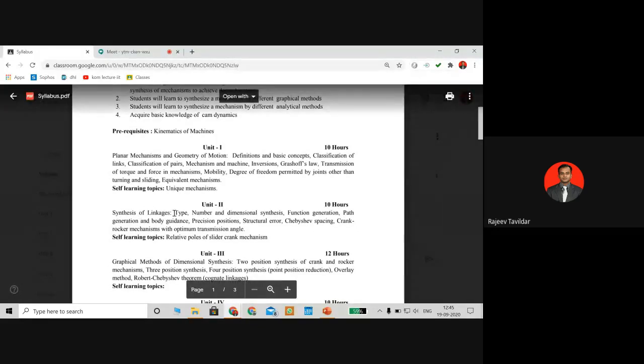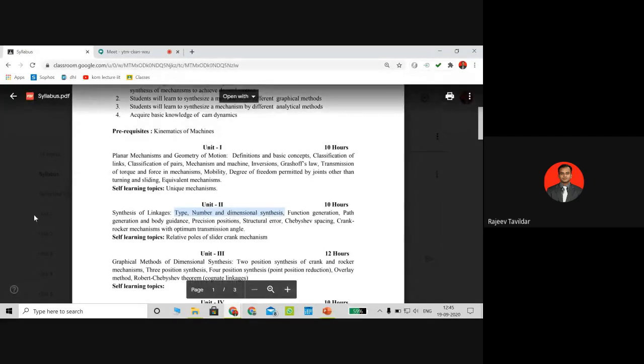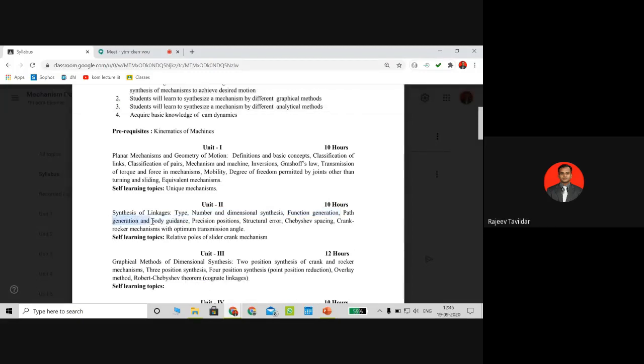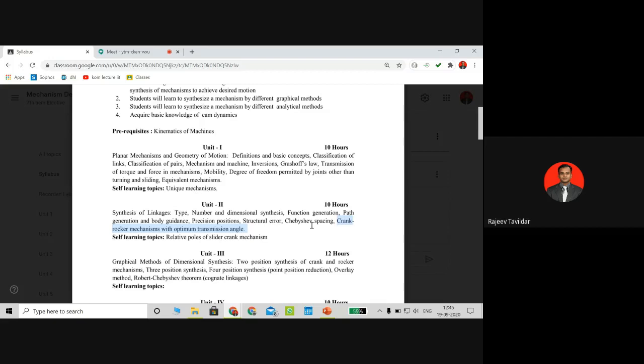In unit number 2, what we have covered is type synthesis, number synthesis, and dimension synthesis. These are just for definition purpose. We have understood what is function generation, path generation, and body guidance. This I'll be covering at a later stage. We have understood what are precision points, precision positioning, structural error, Chebyshev spacing. Till here we have completed. So what remains is the crank rocker mechanism with optimum transmission angle. Okay, this is the only point remaining.